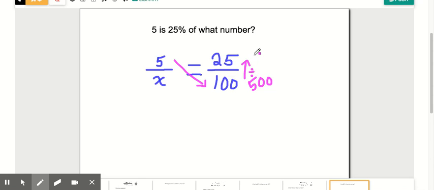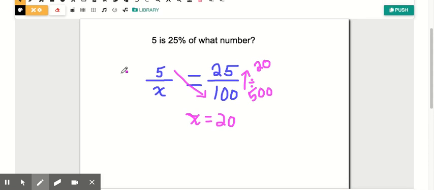You can do the long division or your calculator, and when you do that, you get 20. So now I know that my x here is going to equal 20. That is a very ugly x. I apologize. So my x equals 20.